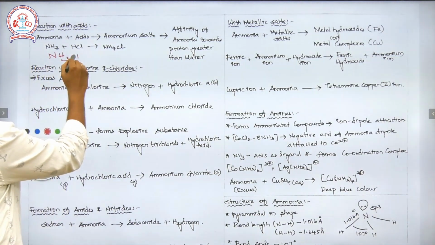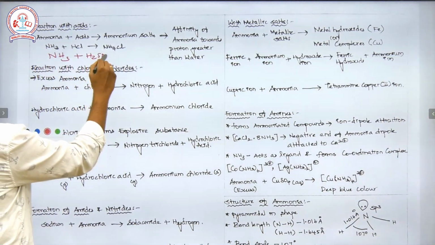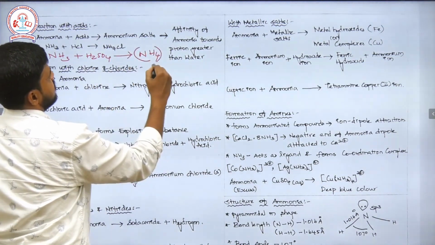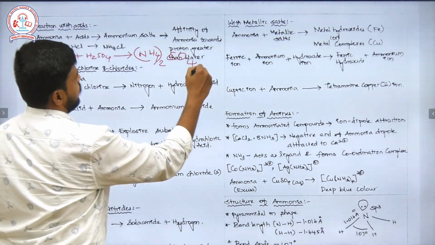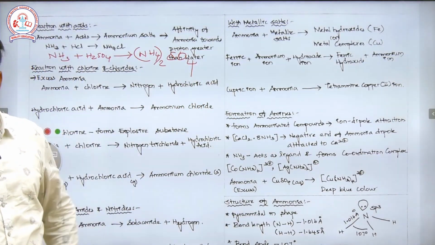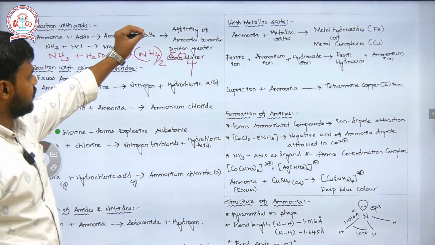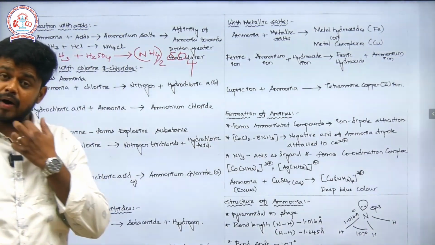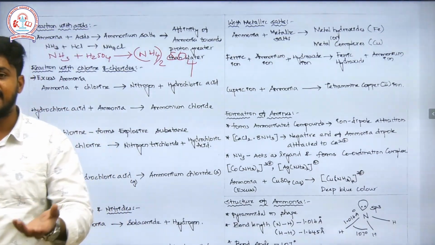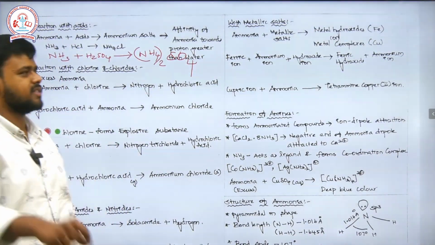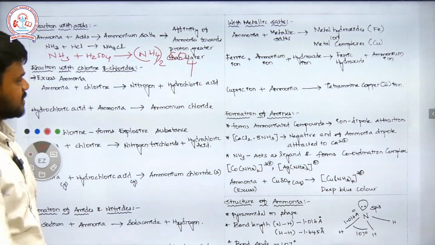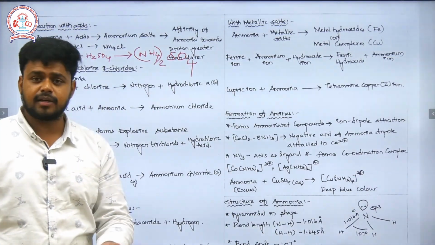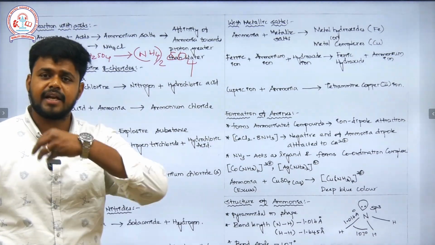When ammonia reacts with H2SO4, it forms (NH4)2SO4. This is because the affinity of ammonia towards protons is greater than that of water, which means ammonia reacts more spontaneously with the acid when compared to water. That's why it has a great affinity to abstract the proton, because it is a Lewis base. It has a free electron pair to donate to H+, so that it can abstract the H+.